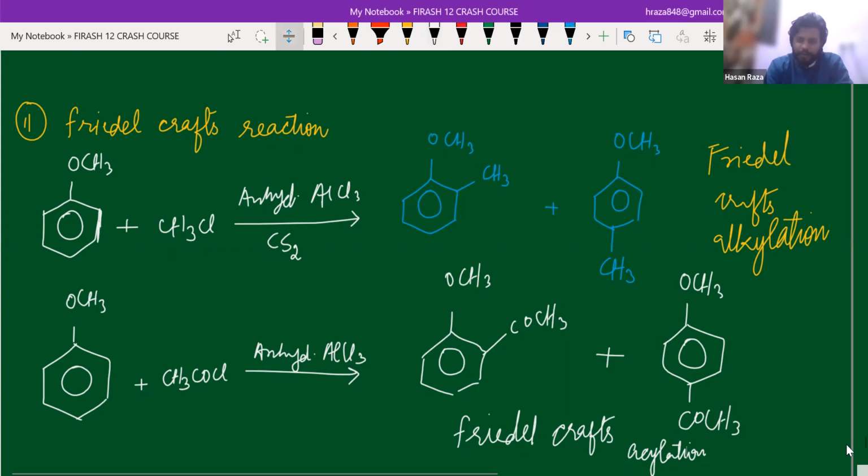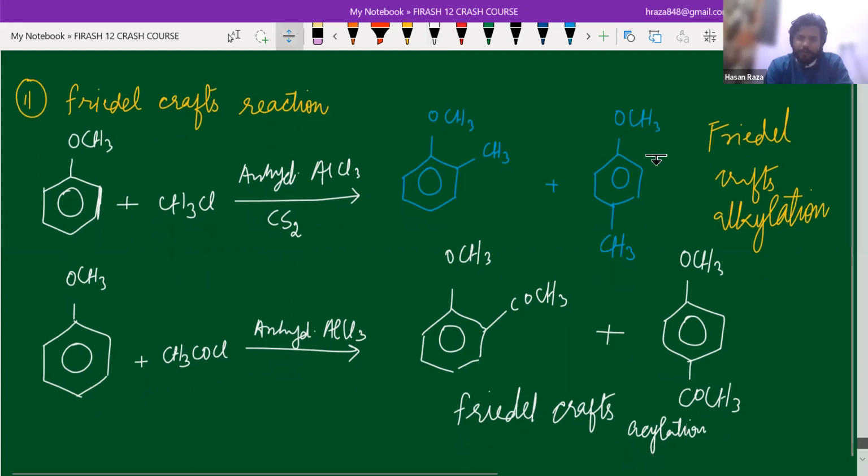Now the last reaction of this electrophilic substitution reaction in this chapter is nitration. That means we are going to add a nitro group.